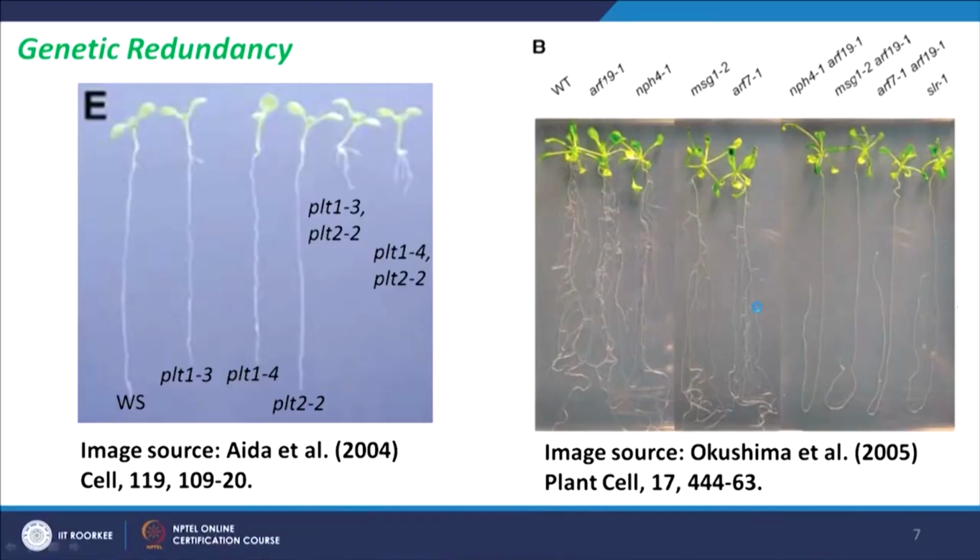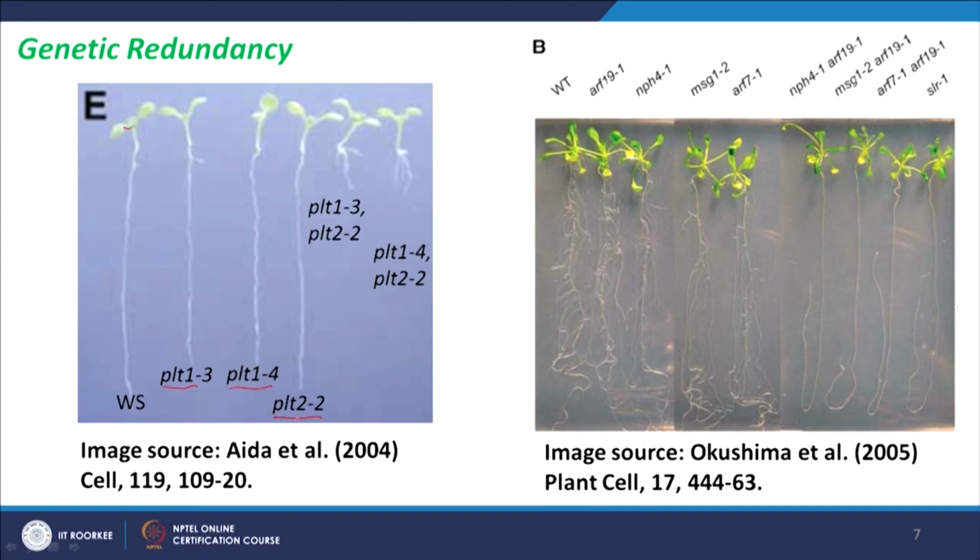For example, this is a wild type plant and this is plethora. Plethora are AP2 domain containing transcription factors, a very important class of transcription factors which regulate meristem function, stem cell maintenance as well as flowering. But here I am showing the effect in the root apical meristem. If you mutate plethora 1, these are two different mutants of plethora 1, you do not see a significant defect in the root growth.